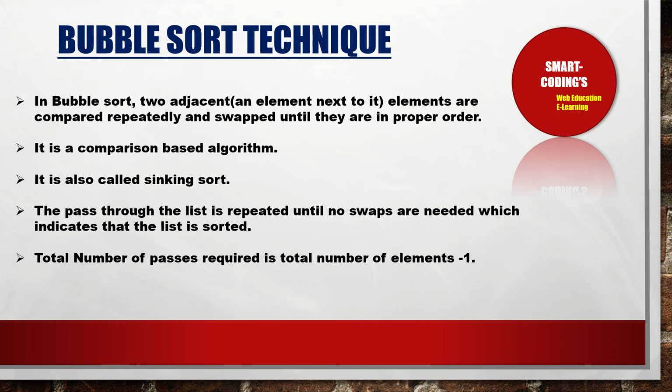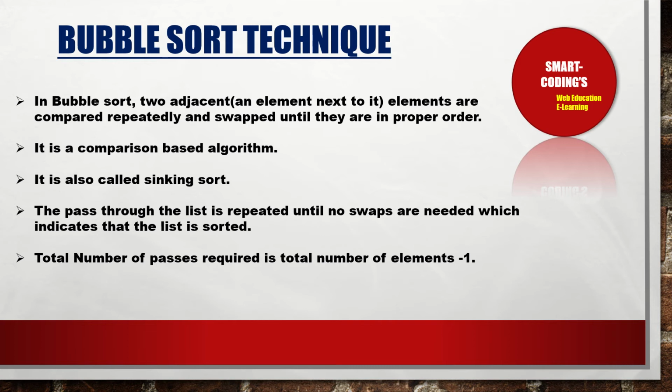If swapping is required, we do the swapping, that is, exchanging of elements, until the full array list is in proper order. By default, the sorting is done in ascending order. You can do the sorting in descending order also by changing the logic.